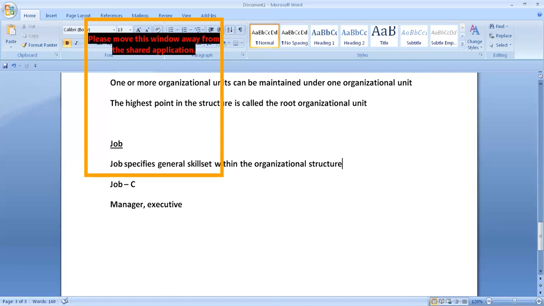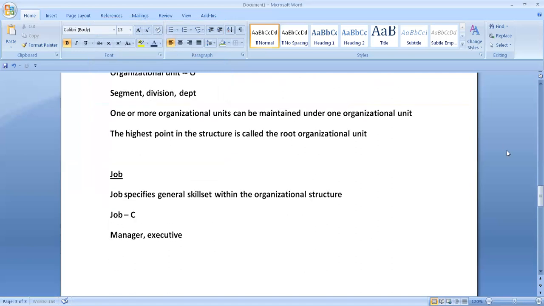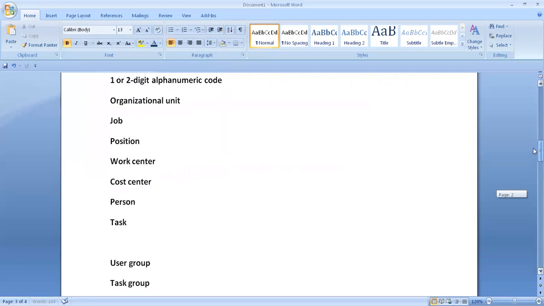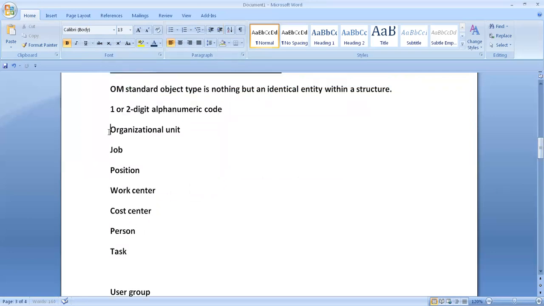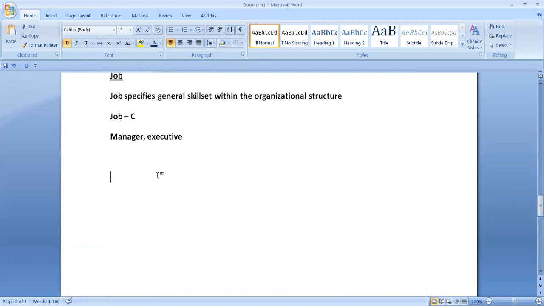Okay, let's understand position. Other objects that we discussed, we are discussing one after the other. We discussed these two, and now we are discussing position.